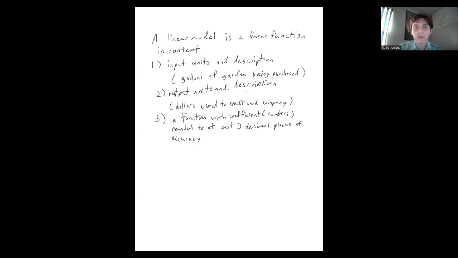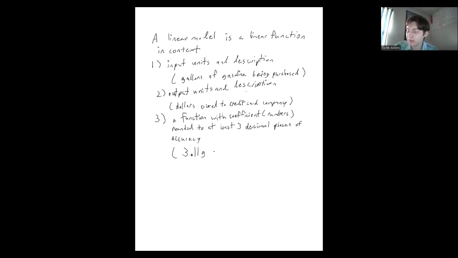So if my function was supposed to be gas spent at the pump, then my input is G instead of X. I'm calling it G. It's just the names we give our variables. Then this might be 3.11 G. And then imagine your credit card company charged you $1 for using it in an individual purchase.